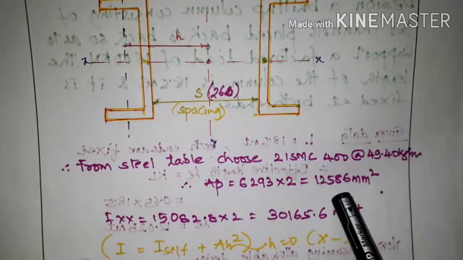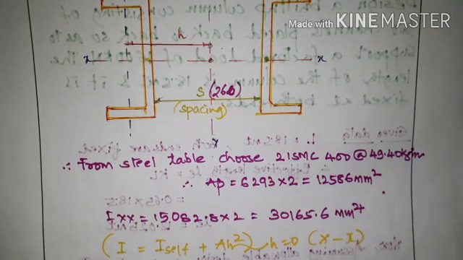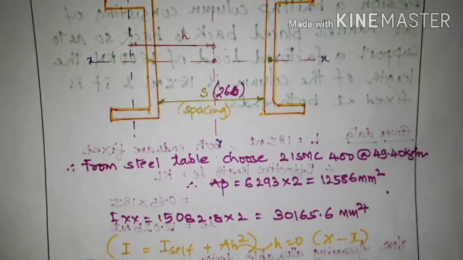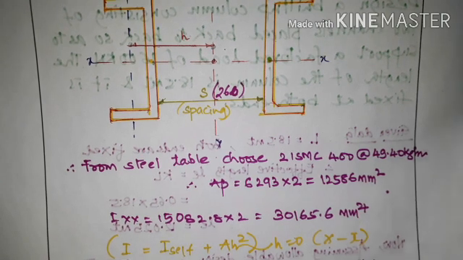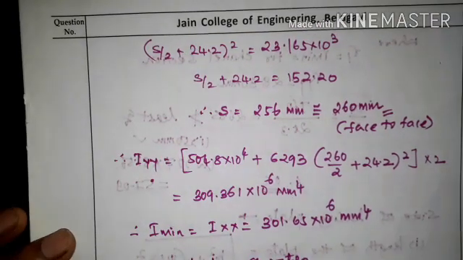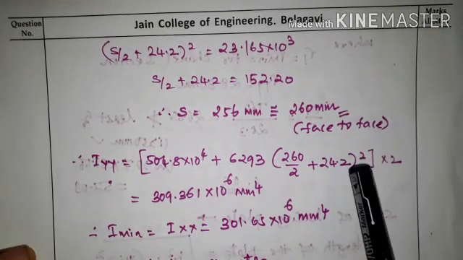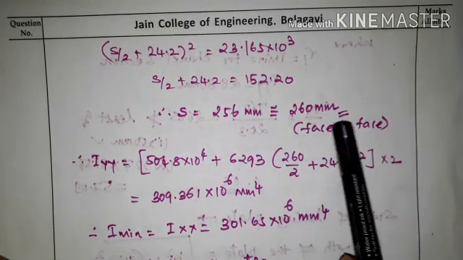The area for that is 12.58 meter square. Then we calculated Ixx and Iyy, and based on that we calculated the spacing between the two channels, and we got 260 mm.